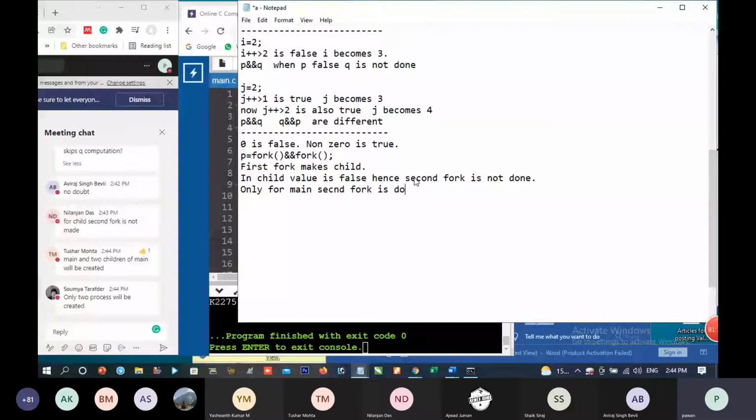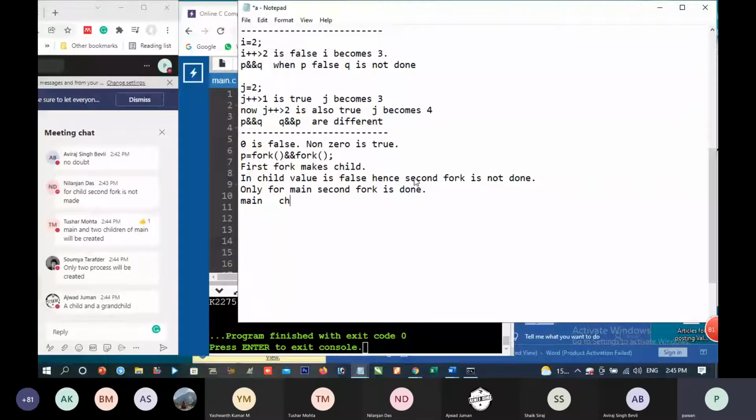That is correct. Only 2 processes will be created, but what are those 2 processes? So we have 3 processes now: main, child 1 and child 2.